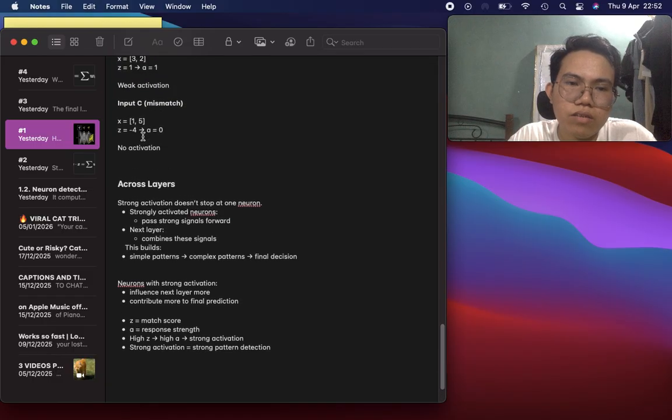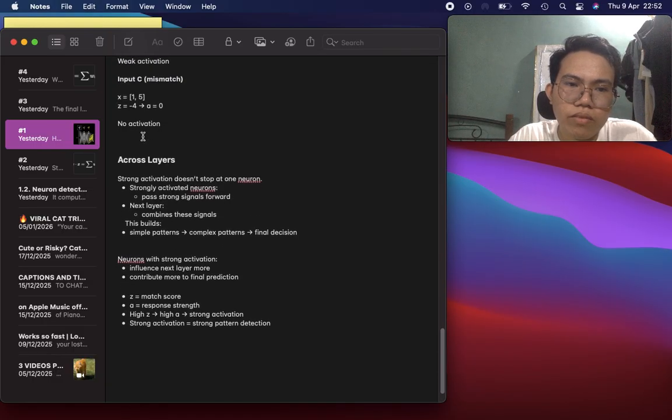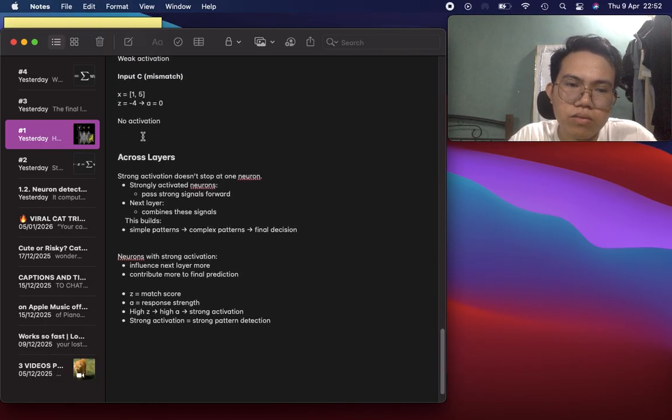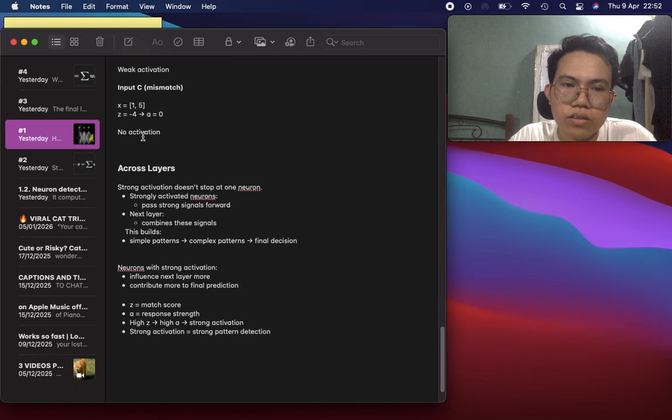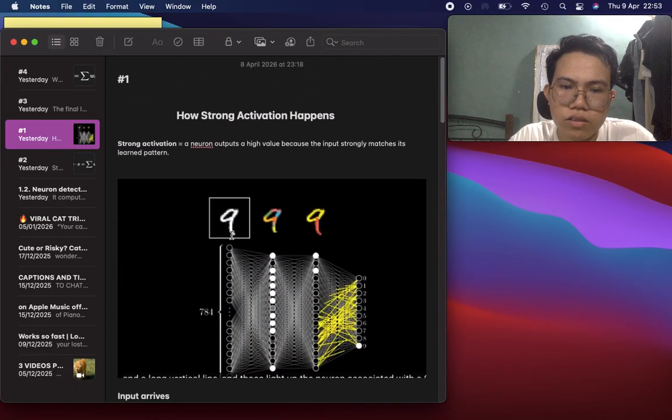Across the layers, the strong activation is separated in one neuron. The strongly activated neurons pass strong signals forward like this. It will act the same for the neurons in the previous layer.